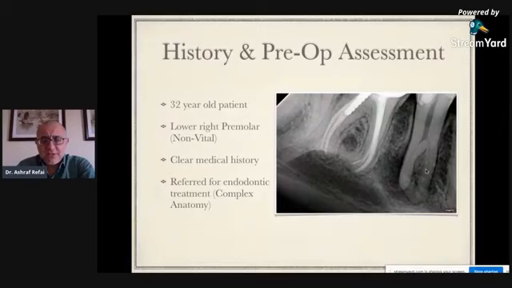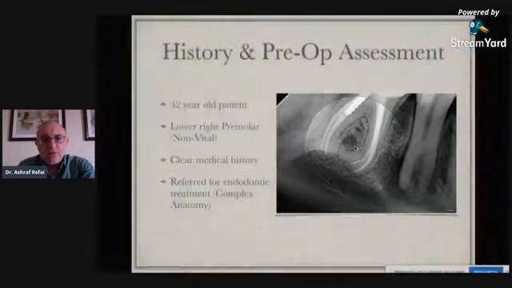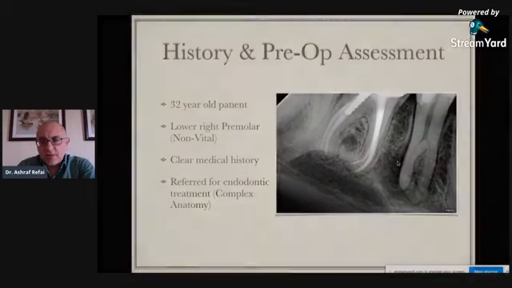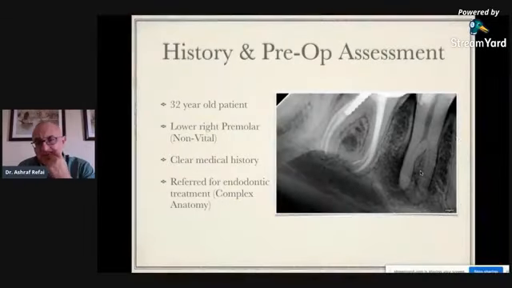And you can see the tooth next to it was not my treatment, but the dentist had fractured, or an instrument had separated, at the apical area, which the dentist was unable to remove. The patient had no medical history, and she was basically referred because of this complex anatomy. You can see an abrupt curvature here, and you can see a deep split in the anatomy of the premolar.